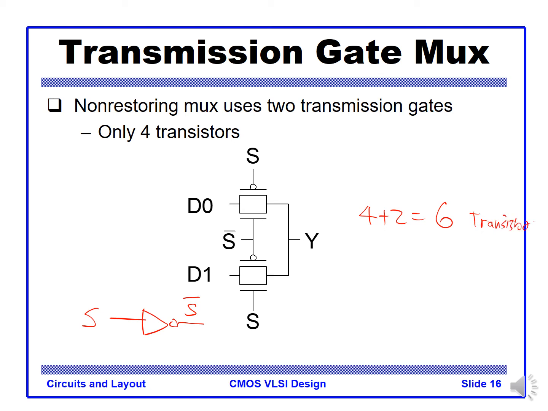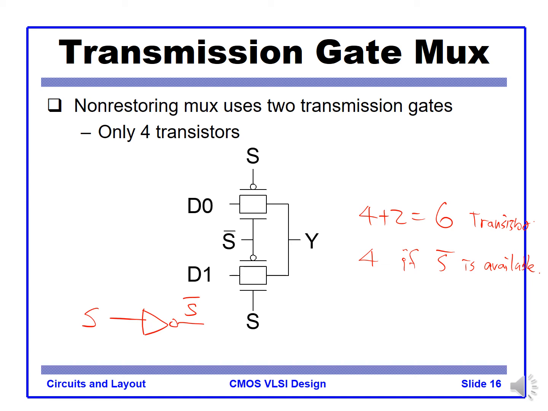If the S bar is available from the input, then only 4. If not, we have to add an inverter, so a total of 6 transistors.